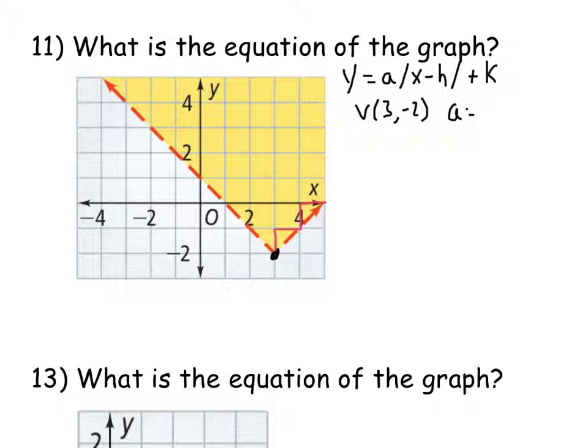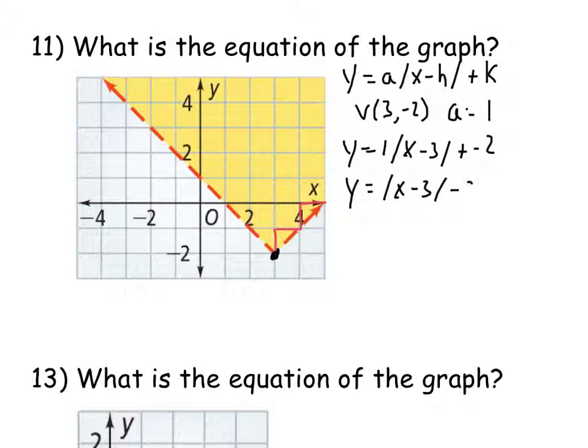So we get a slope of 1. To write the equation of this, we say y equals 1 times the absolute value of x minus 3, plus negative 2. So that's y equals the absolute value of x minus 3, minus 2.